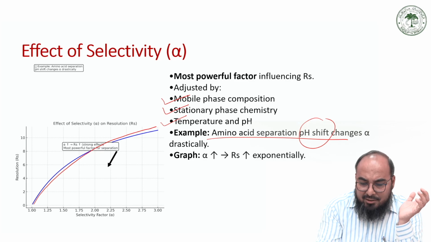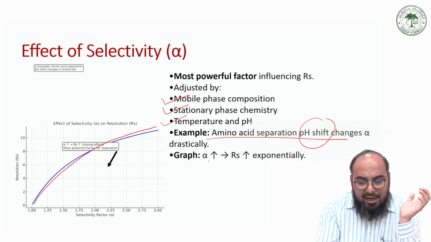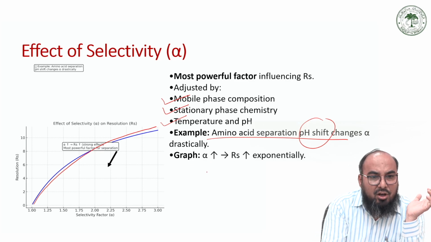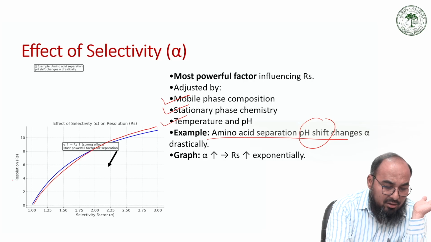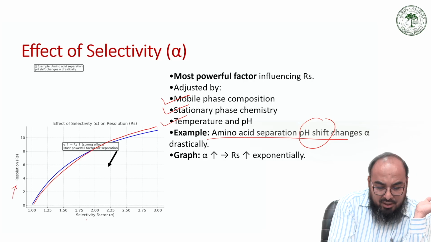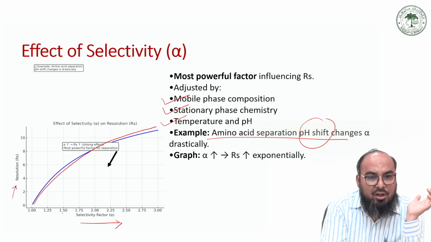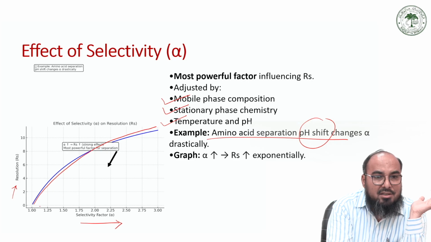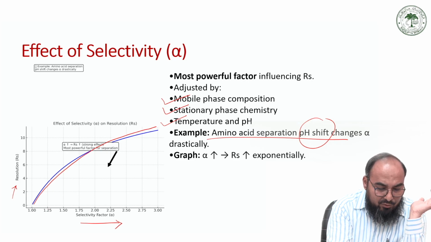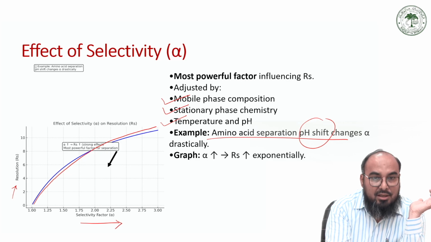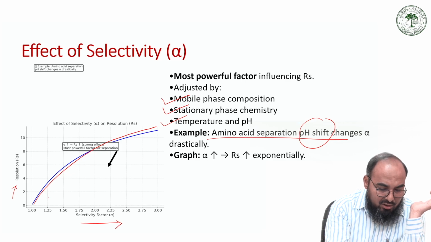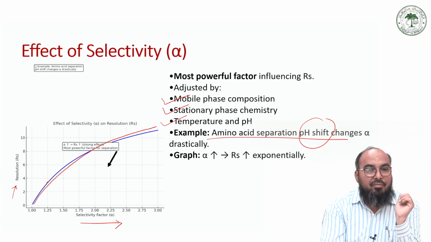Now you can see in the graph that alpha increases, and because of the increase in alpha, the resolution is plotted, and here selectivity is plotted. Because of a simple increase to 1.25, the resolution is here, somewhere here. This red line is mine, and blue is the original line. At just 1.25, your resolution becomes 3 times.